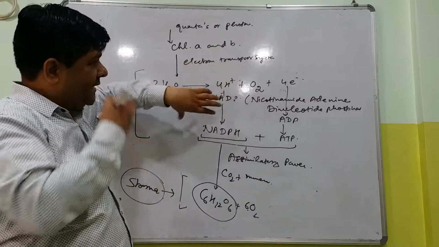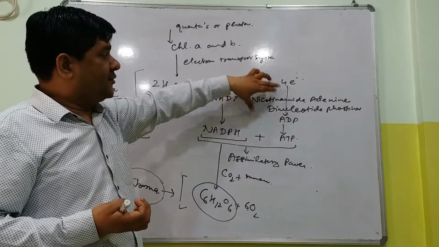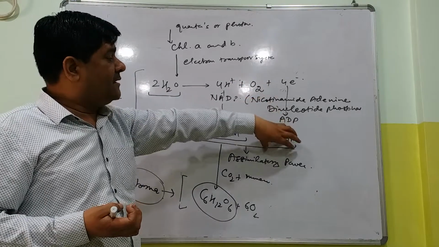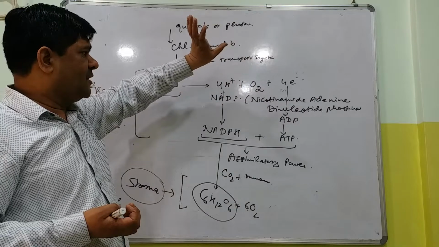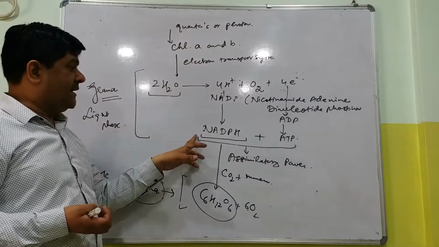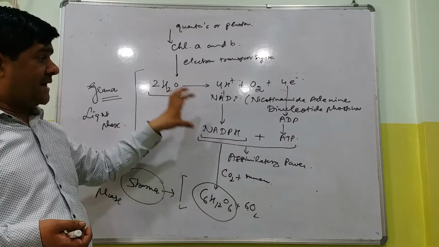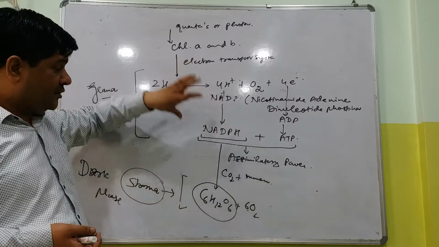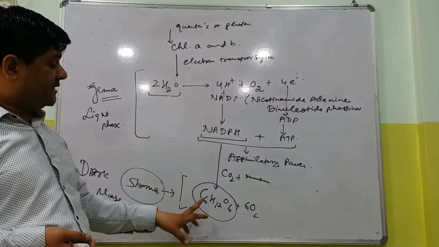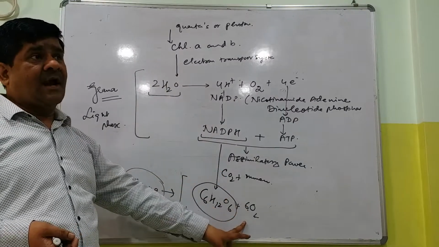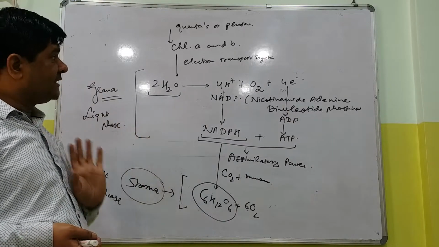These protons are gained by NADP to form NADPH, and electrons are gained by ADP, resulting in the formation of ATP. Oxygen gas is released into the atmosphere. The energy stored in NADPH and ATP is utilized to combine carbon dioxide and water, resulting in the formation of glucose and oxygen gas. This is how the photosynthetic reaction takes place.